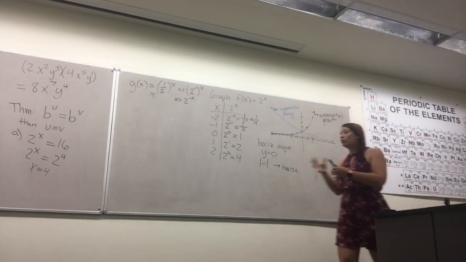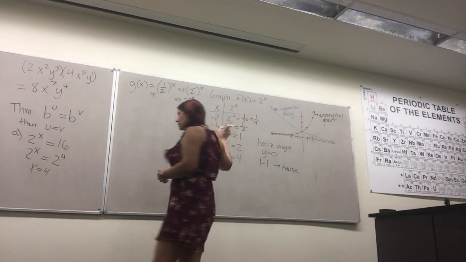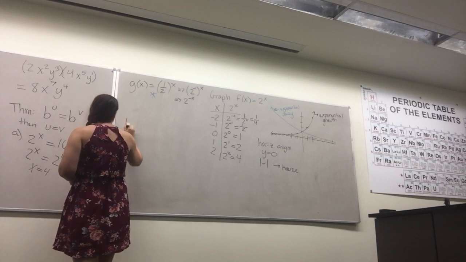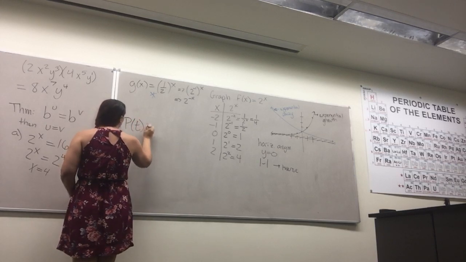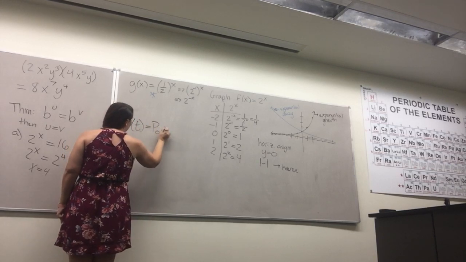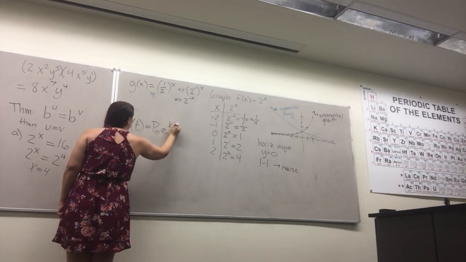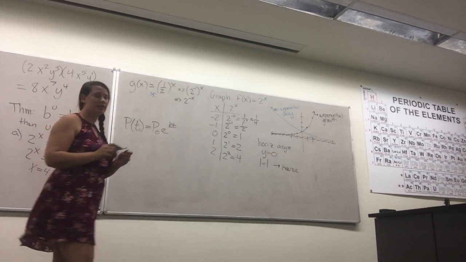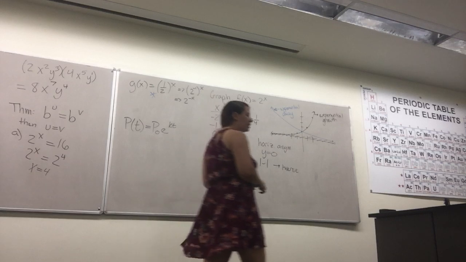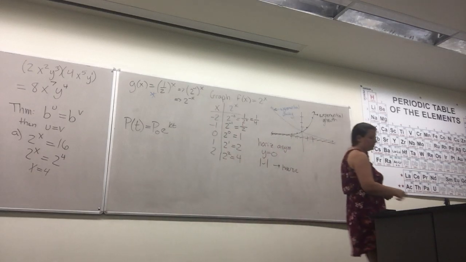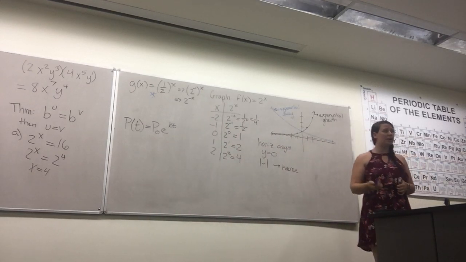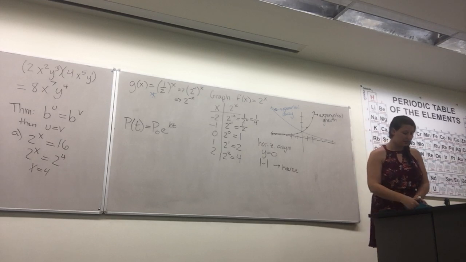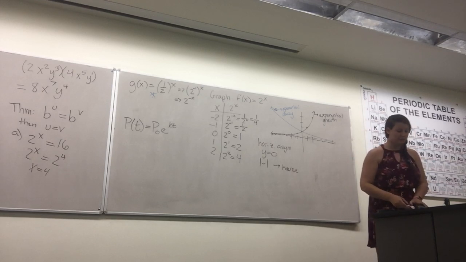So the formula that we'll see with these graphs is P of t equals P0 e to the kt. Okay? That is an exponential growth or decay function. You will deal with those a lot in methods, especially if you take life science. Okay?